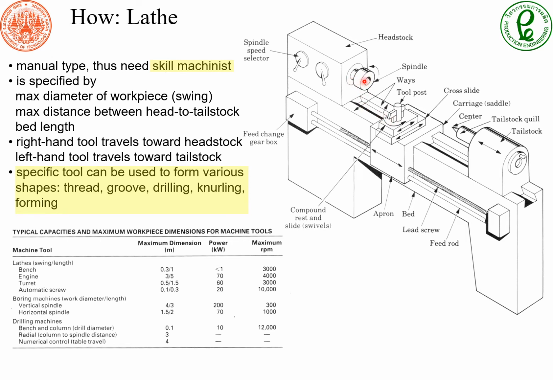The workpiece may be clamped on one side, or it can have a tailstock on the other side to lock the workpiece more firmly. So the tool post is here, and the tool can move along both axes on the workpiece.